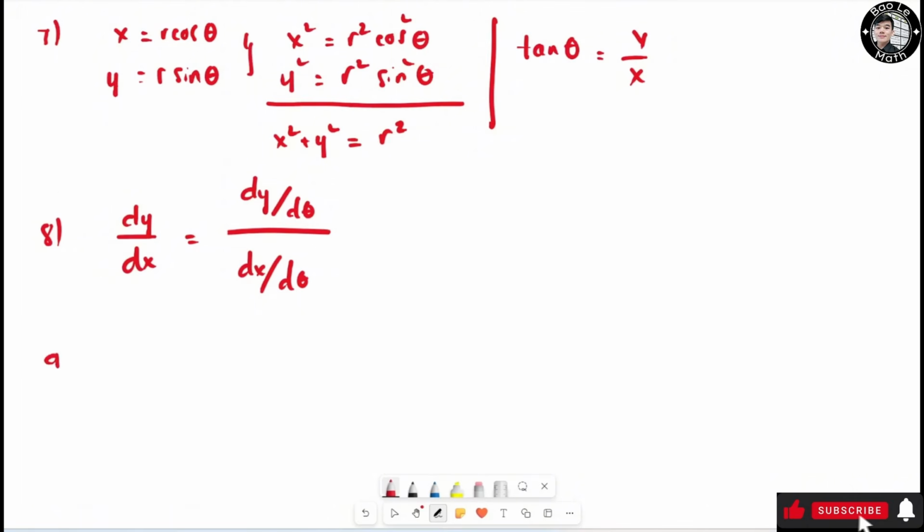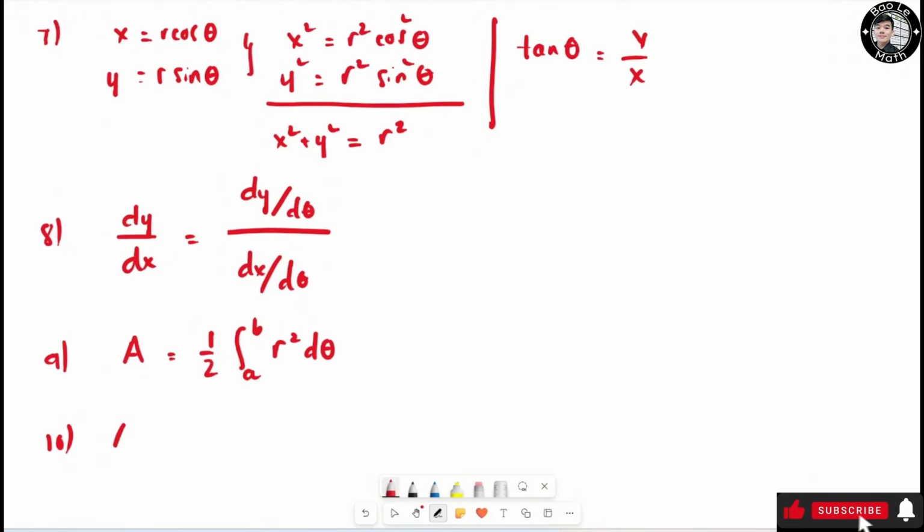Now, number 9, the area enclosed by a polar curve. It's going to be A equals 1/2 integral from a to b of the radius squared d theta. Now, number 10, the area between two polar curves.